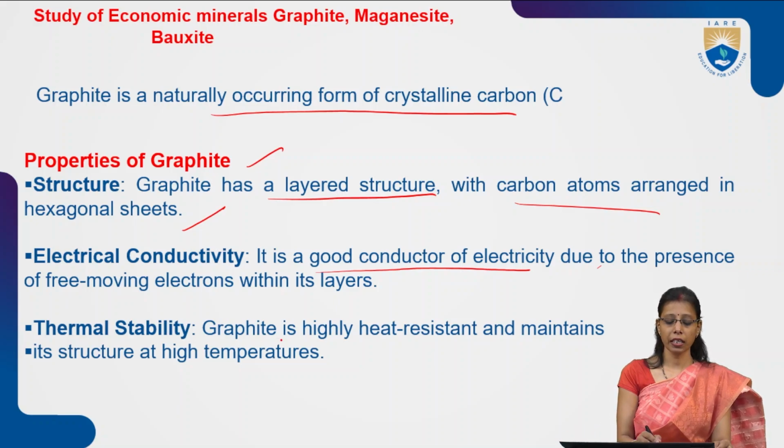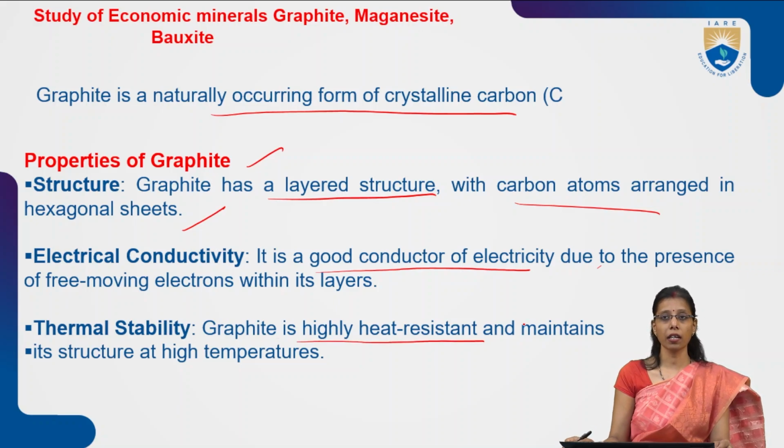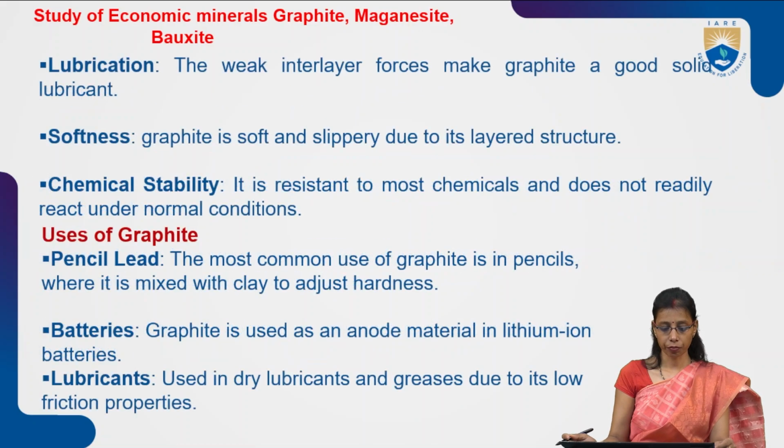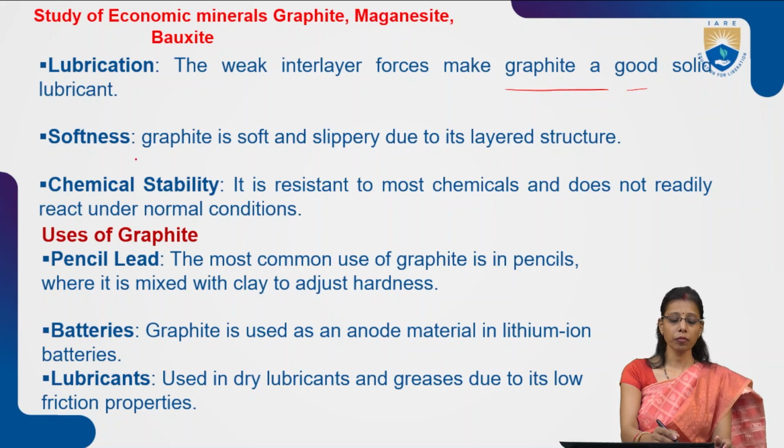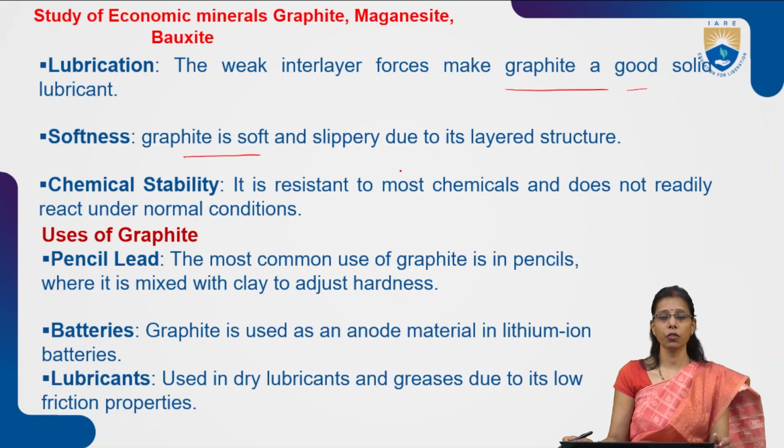Thermal stability: graphite is highly heat resistant and maintains its structure at high temperatures. Lubrication: the weak interlayer forces make graphite a good solid lubricant. Softness: graphite is soft and slippery due to its layered structure. Chemical stability: it is resistant to most chemicals and does not readily react under normal conditions.